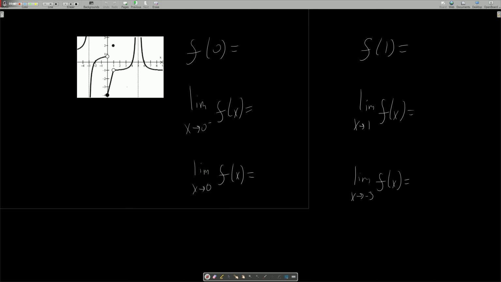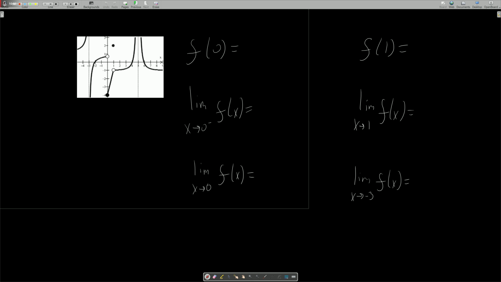Alright, last one. We did this awkward piecewise function here. So you may remember this dotted line right here. These are vertical asymptotes. These circles that are not shaded in are holes.